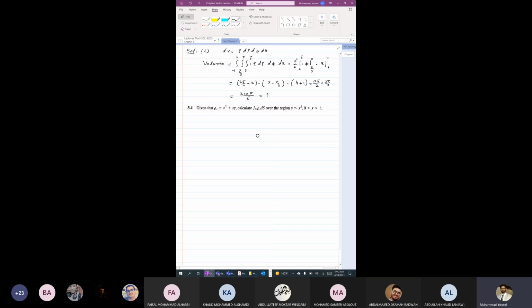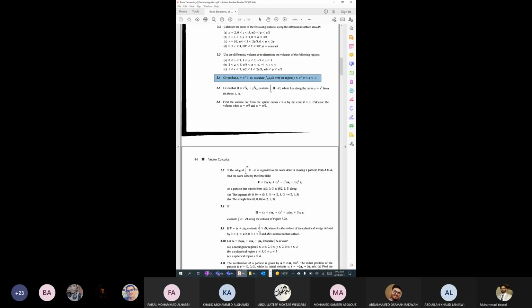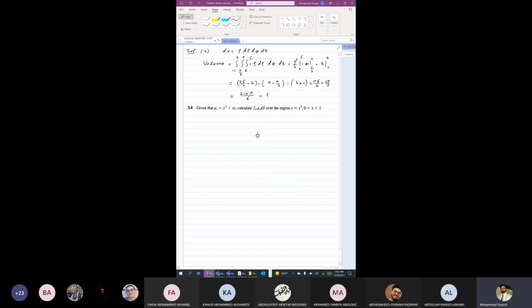Okay, here it is given that rho s is equal to x squared plus xy, and we integrate rho s over ds, where the region is y equal to x squared and x is from 0 to 1.